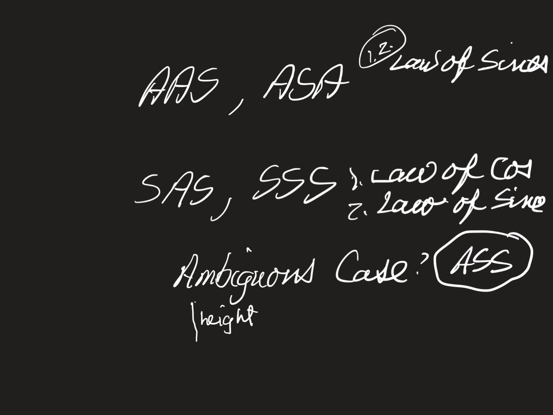Also compare the floppy side of the triangle to this side over here. If it's longer, you only make one triangle. If it's shorter but bigger than the height, then you make two. If it's exactly the height, you make one right triangle. And if it's shorter than the height, you make none. So that's the ambiguous case.